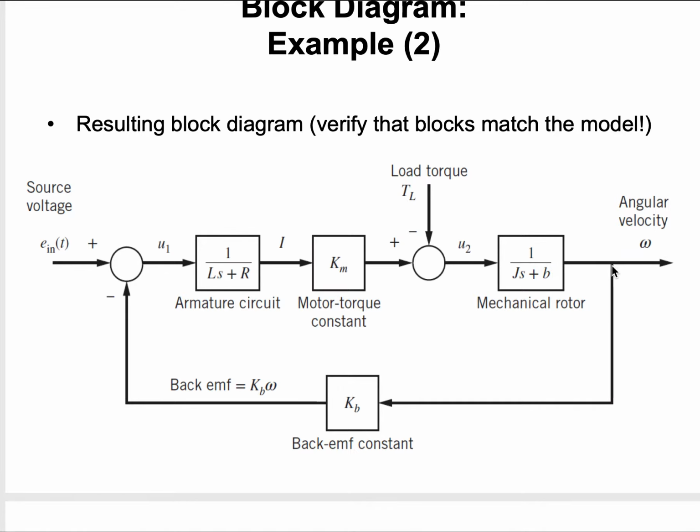That output omega is also an input, remember, to the armature circuit in the form of back EMF. So actually this is called a feedback line. So what does that mean? Actually, the output of the system is affecting the input of the system.